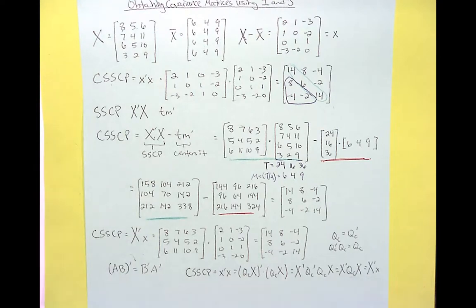And once again, we can use that to get a covariance matrix, which, as we've demonstrated before, you just divide by the degrees of freedom, or in other words, multiply by the inverse of the degrees of freedom. So this is crucial in getting a covariance matrix.